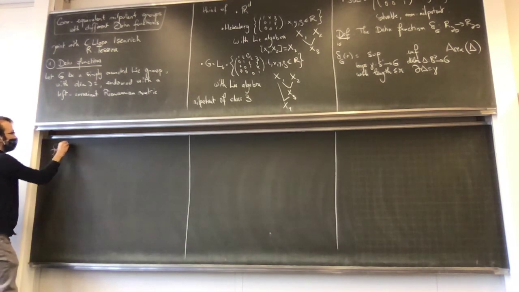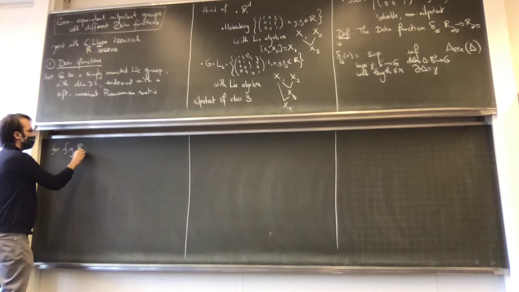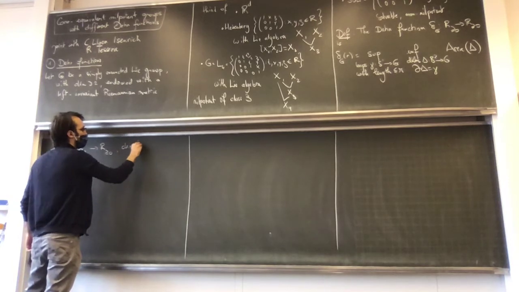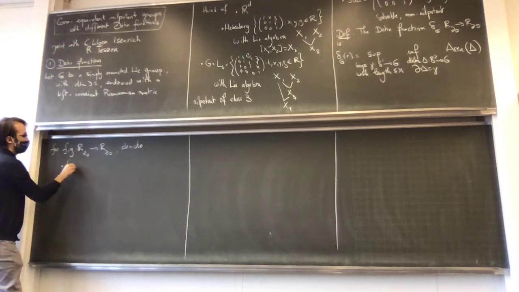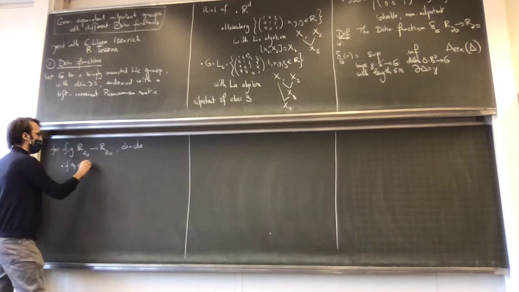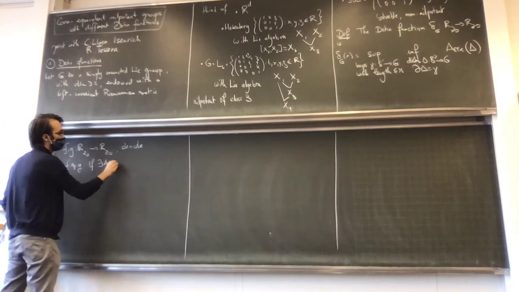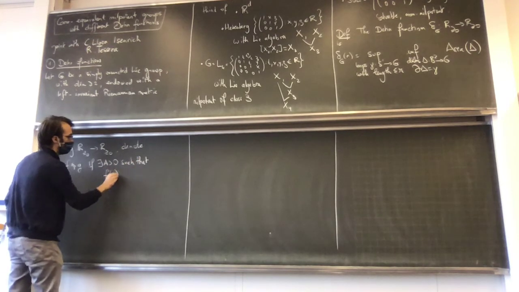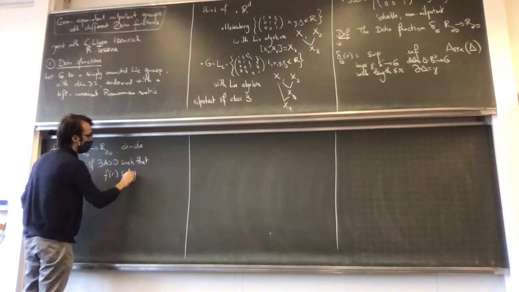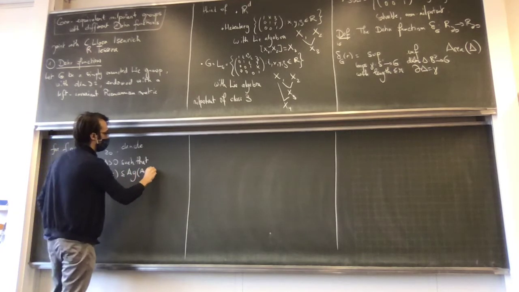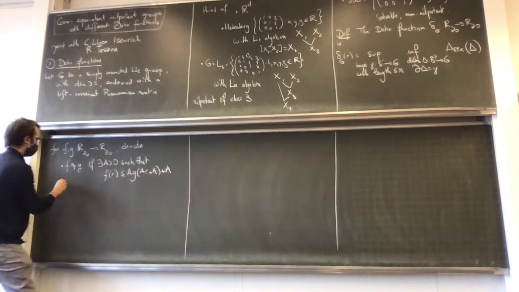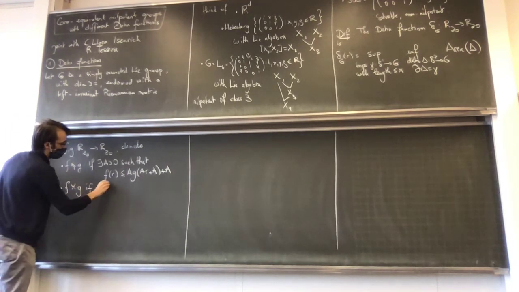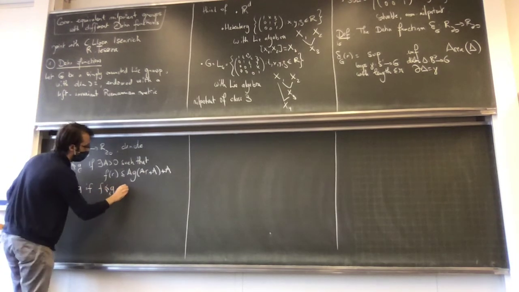For two functions f and g from the half line to the half line, I will say that g dominates f if there exists a constant such that f is smaller than a rescaled version of g. We say that they are equivalent if each dominates the other.